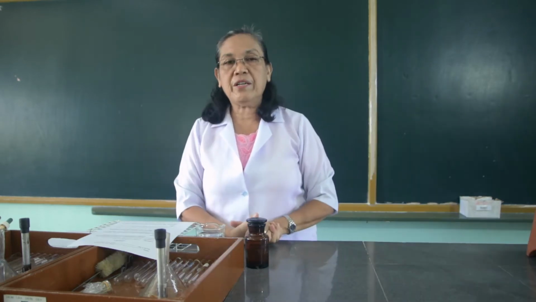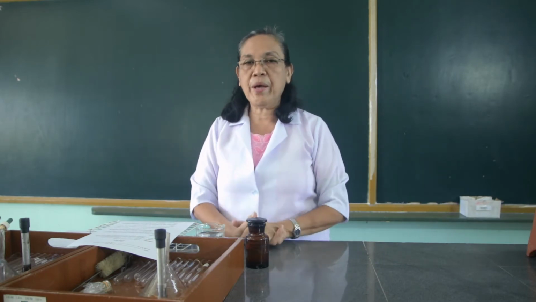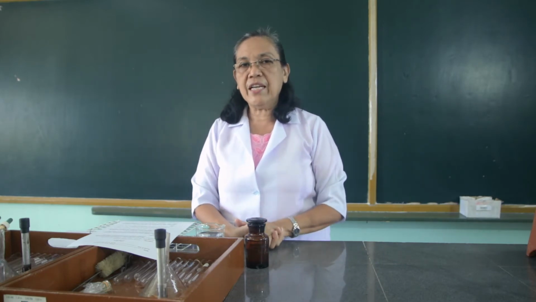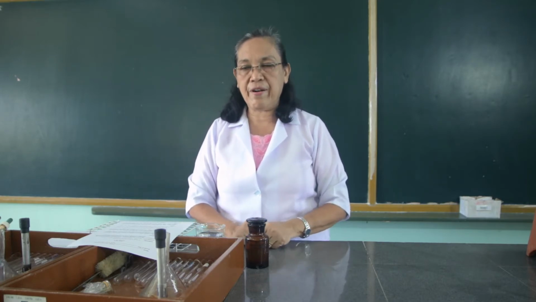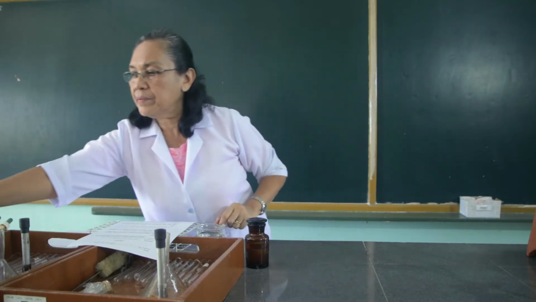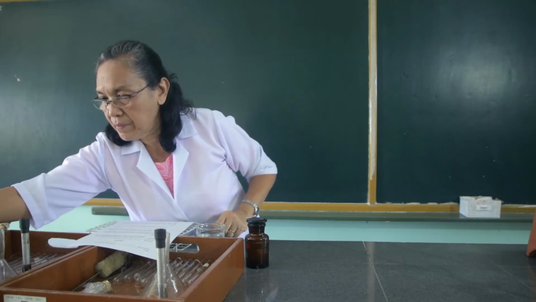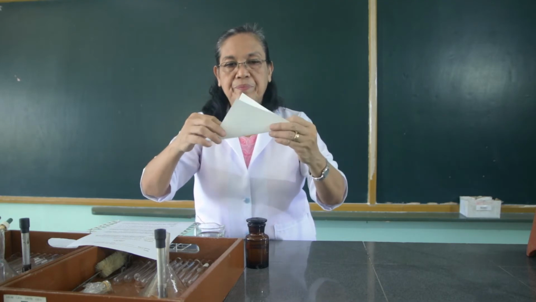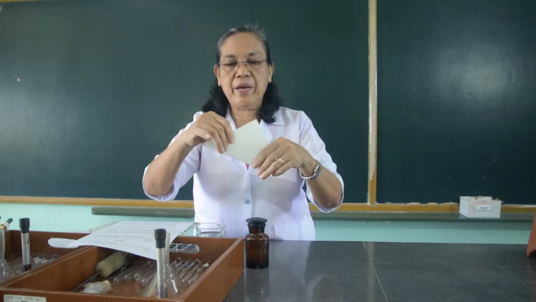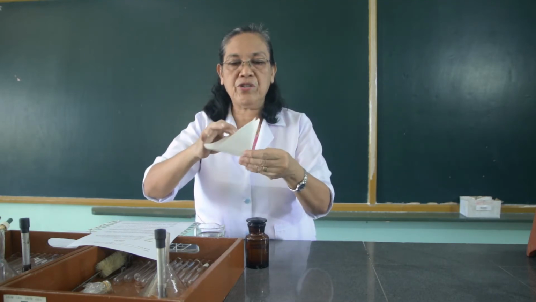For the next procedure, we're going to filter 2 ml of the ferric hydroxide. Let us try to observe what happens if you're going to filter the ferric hydroxide. So this is our filter paper. You fold it this way for you to use in filtration operation.